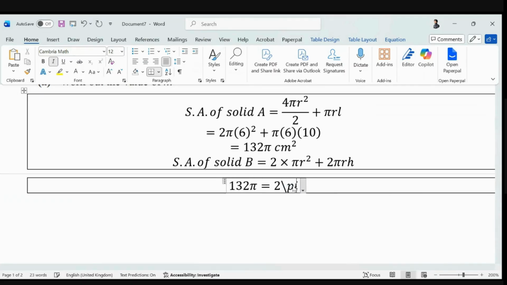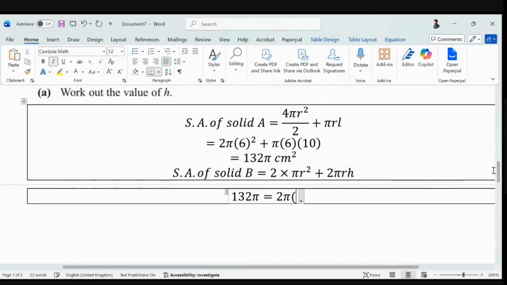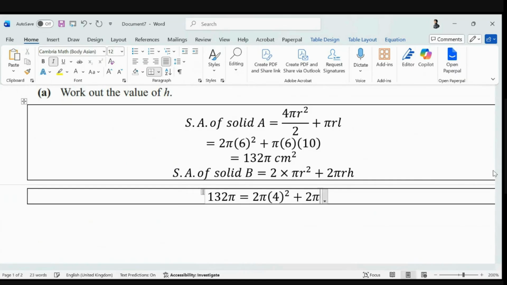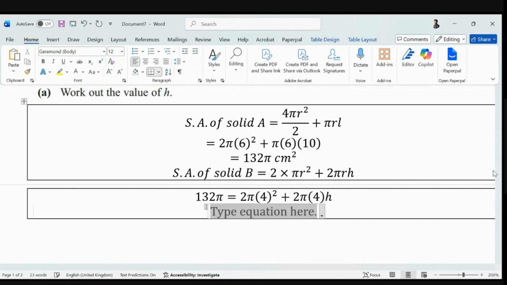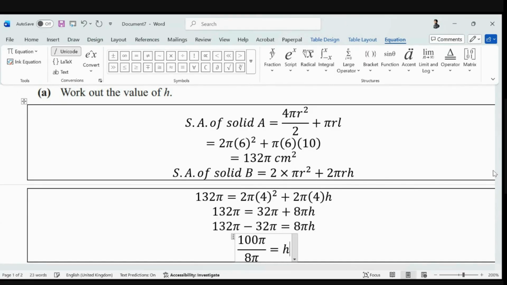132 pi is 2 pi into the radius, which is 4, squared, plus 2 pi into 4 into h. h is what we are supposed to find. Can you solve this for h? 132 pi is 32 pi plus 8 pi h.